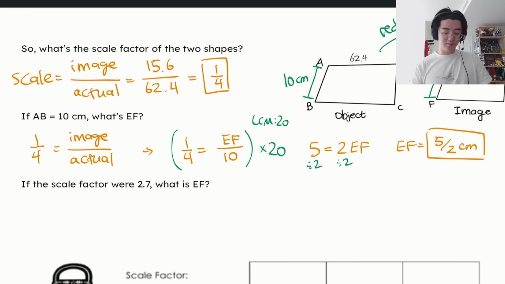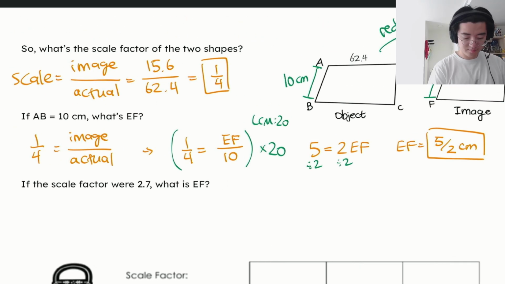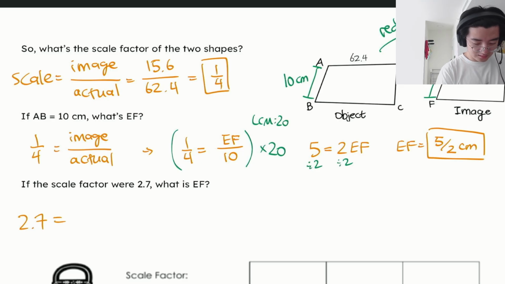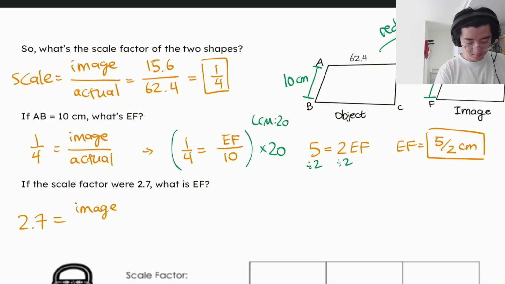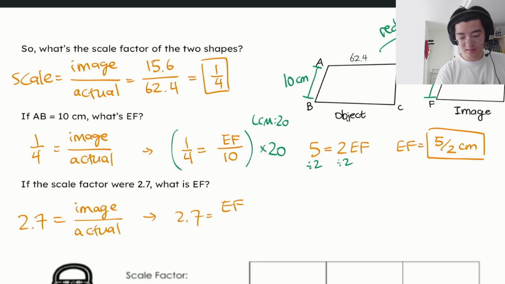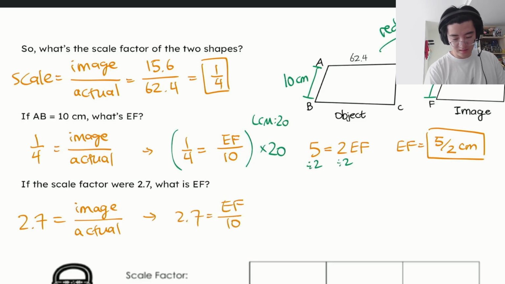If the scale factor were 2.7, what's EF? Exact same idea. So 2.7 is EF over 10. We don't like decimals, we don't like fractions, so get rid of them.